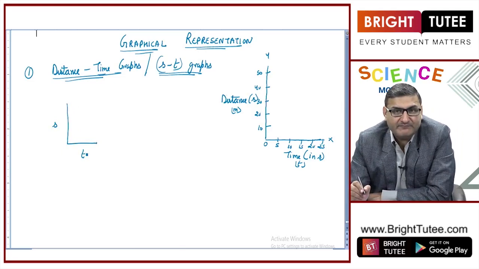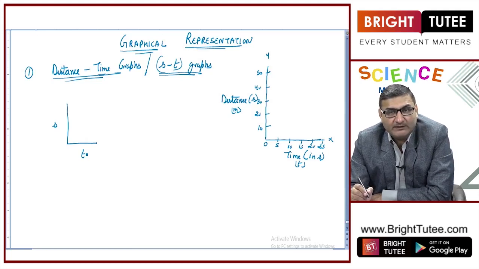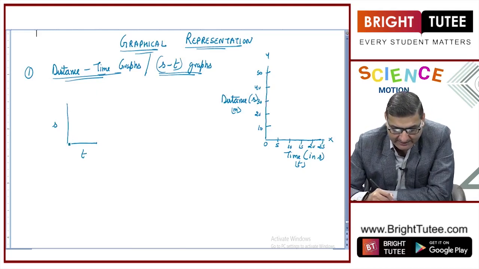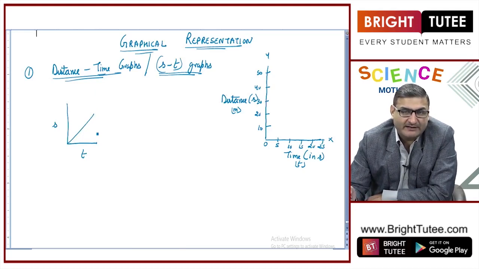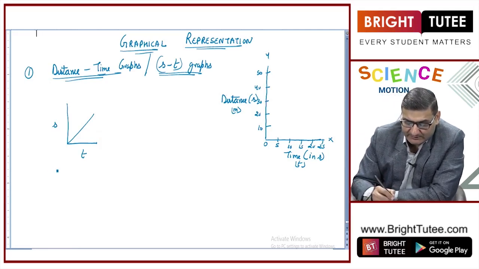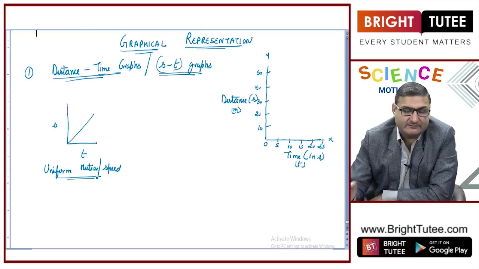Whenever there is a uniformity in the motion of the object, that means in equal interval of time, the object is covering equal intervals of distances and the body is in uniform motion or travelling with a uniform speed, then always we will have a straight line on this ST graph. So, whenever there is a straight line in the ST or the distance time graph, we say that this graph represents a uniform motion or the uniform speed of the object.